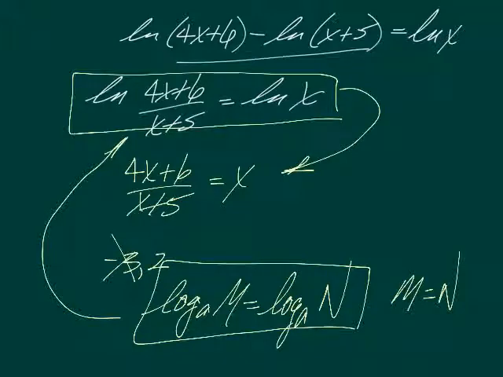My two logarithms were the same, and that is true when the numbers after the logarithm are the same. So this can equal this because of that property of logarithmic equality. So that's how I did that.